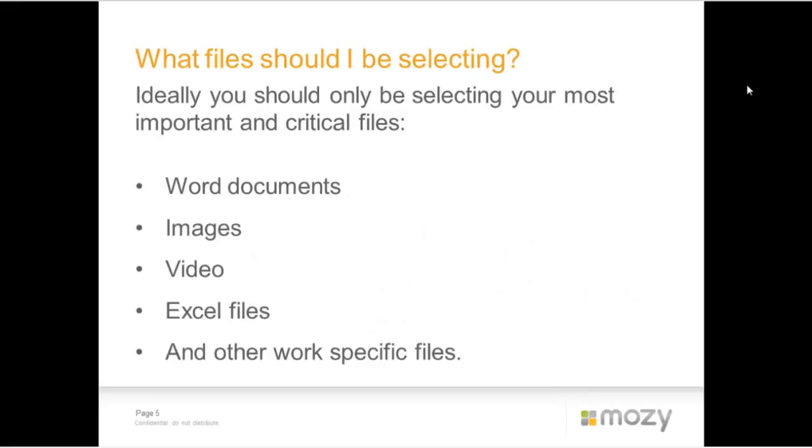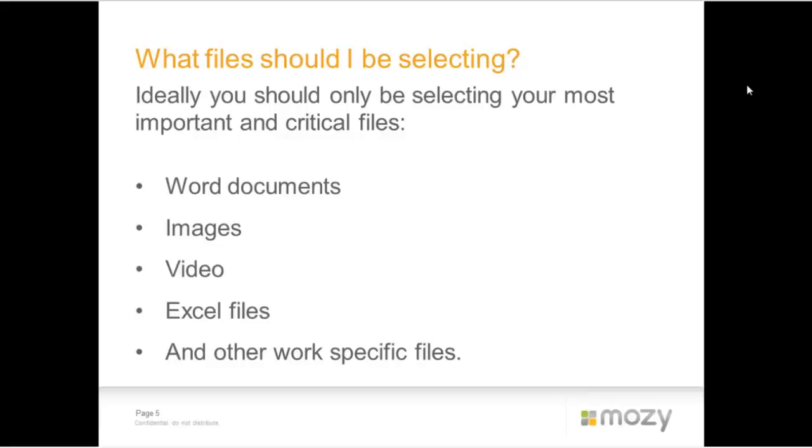Okay, so starting off in terms of selecting files and folders, what should we be doing and what should we be selecting? So I suppose individually what everybody will be selecting will be different in terms of their day-to-day work, what's the most important files and folders for them. So that's why I'd always say that ideally you should be selecting the most critical files to you.